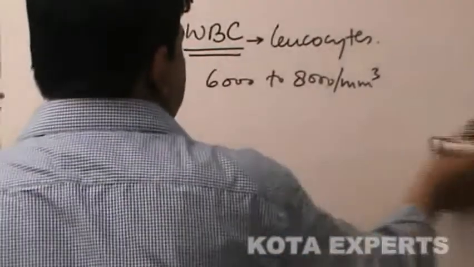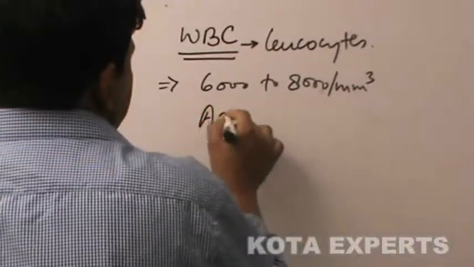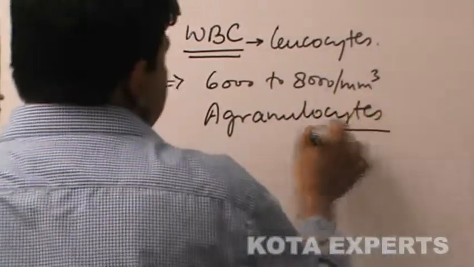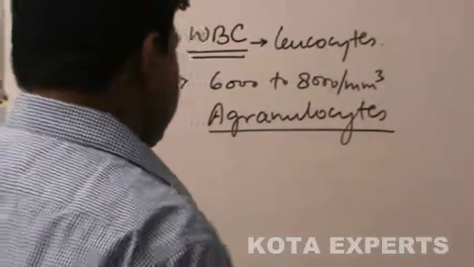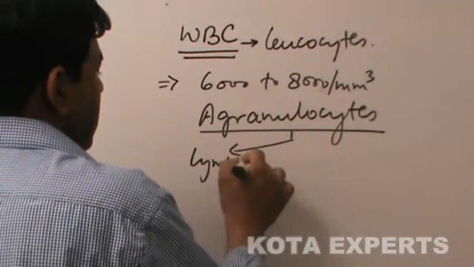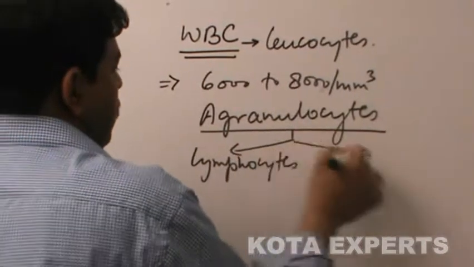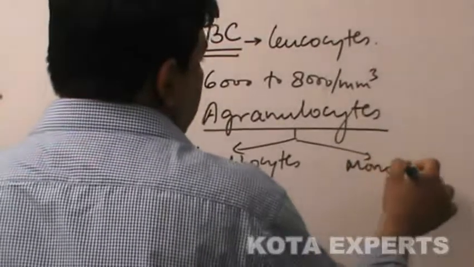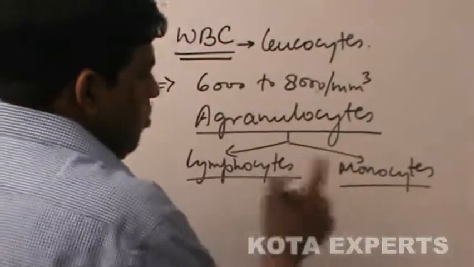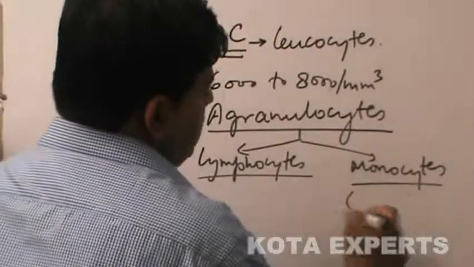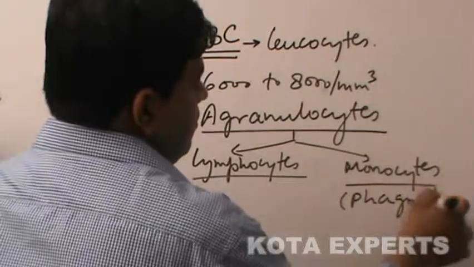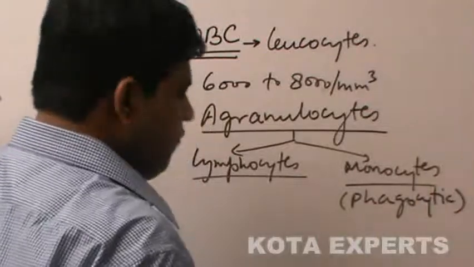Now agranulocytes. These are of two types: lymphocytes and monocytes. Monocytes are the largest phagocytic cells, that is, they will engulf the foreign agents.